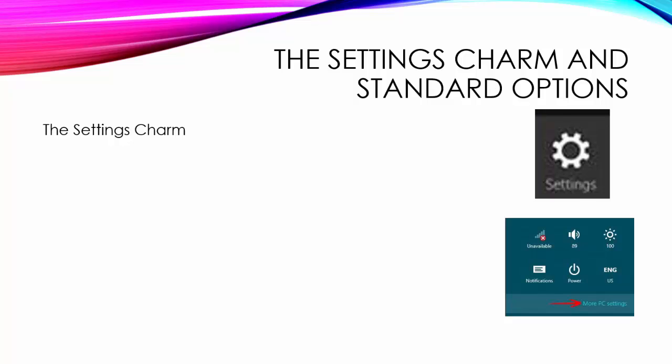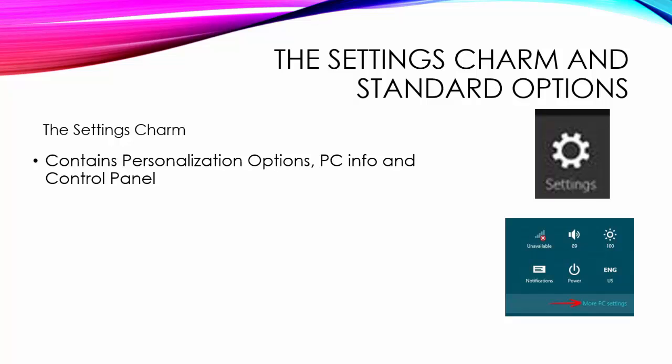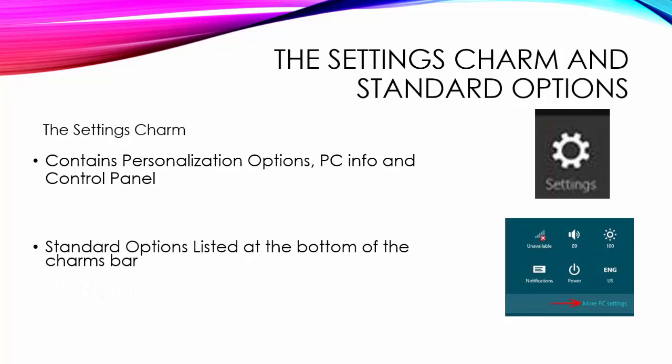The settings charm is where the personalization options, PC info, and control panel are housed. There are standard options available at the bottom of the charm. These are network settings, volume, screen brightness, notifications, power, and language.